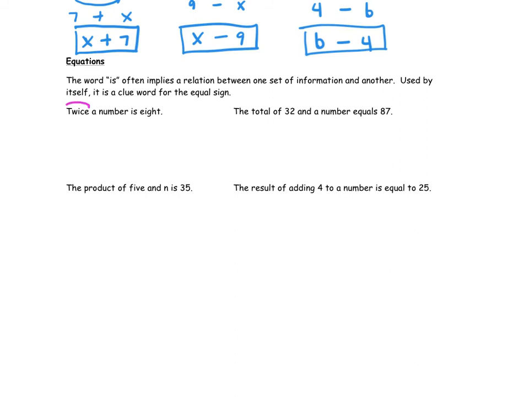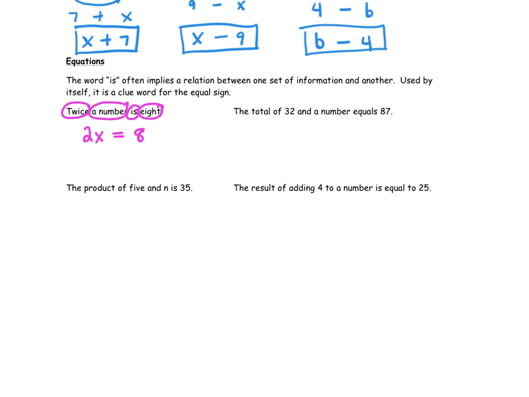So we're going to look at "twice a number is 8." If I ask you to take twice your age, again, you would probably take 2 times your age, and that's exactly what this means. So we're going to write twice a number, and we're going to use x for that unknown number. Now "is" is the equal sign, and 8.